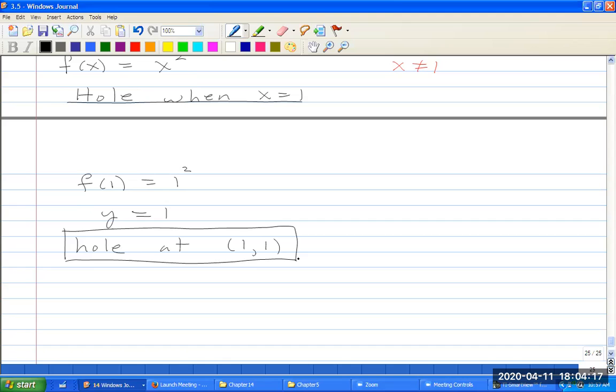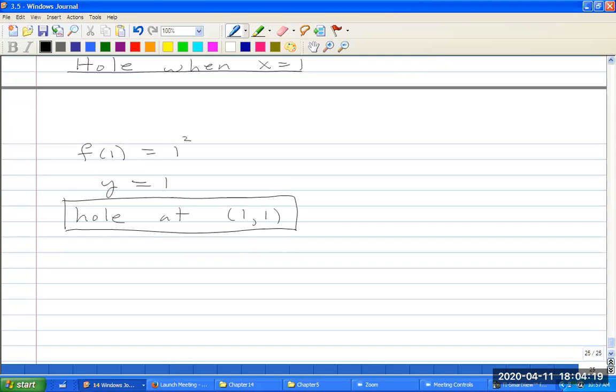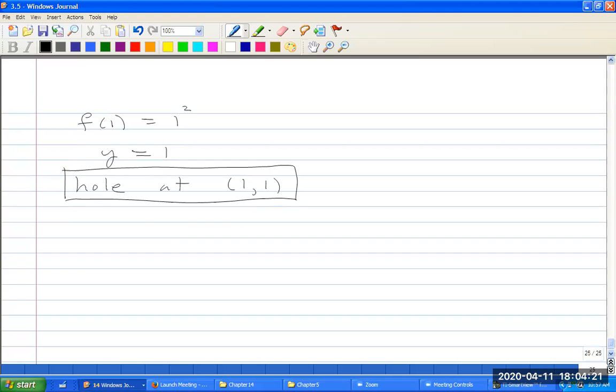So this is a hole. The graph of y equals x squared is pretty easy, so I'll just sketch the graph of y equals x squared. And I don't need anything large here. It just looks like this.